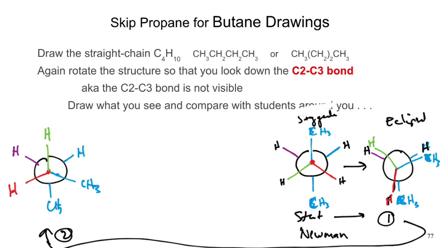When we do that one more rotation into structure 2, structure 2 is also staggered, right? None of the bonds are in the same plane. Okay? So it should be staggered. Is it the same energy as our starting structure? No. Why not? Still staggered. Because... What do you want to try?